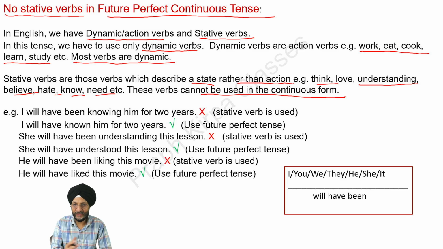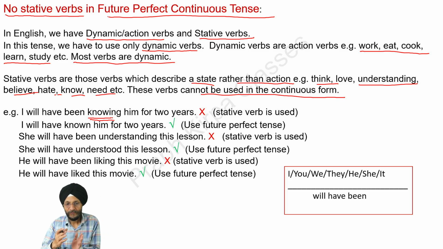So, let us see certain examples so that we may not commit any error while writing a sentence in future perfect continuous tense. If we write, I will have been knowing him for 2 years, you will see that know is a stative verb. And we have already read that we are not to use stative verbs in continuous form.